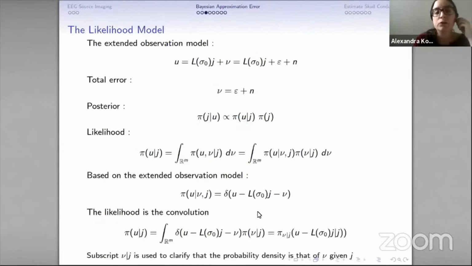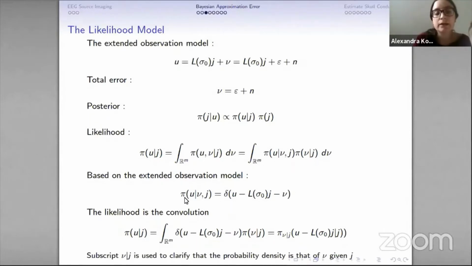And what we do after is something very standard in Bayesian statistics, which is to derive our likelihood, which is given by this integral here, very simple.